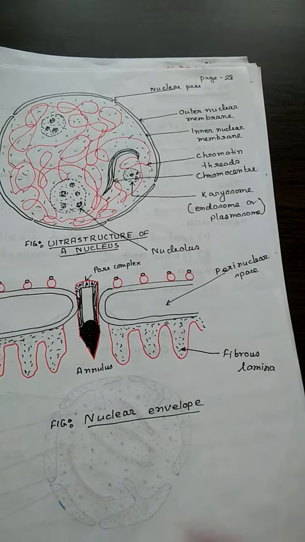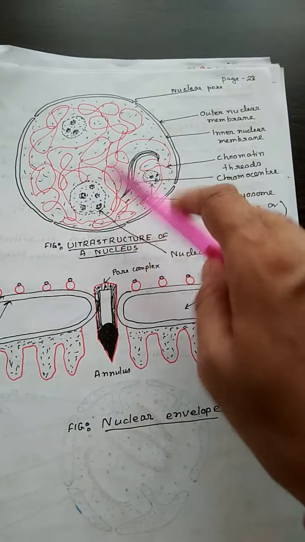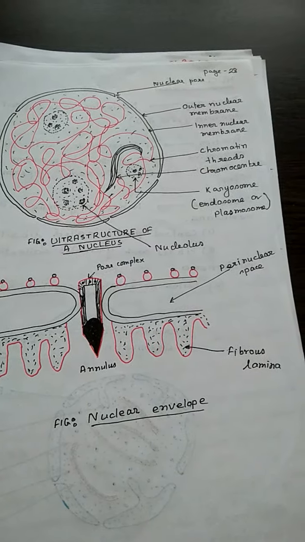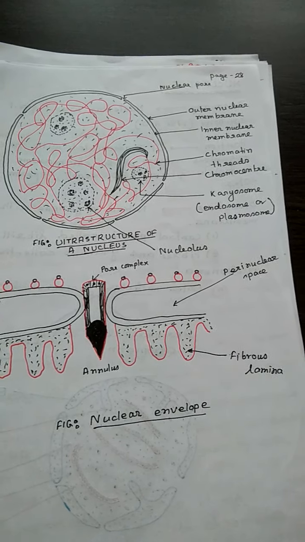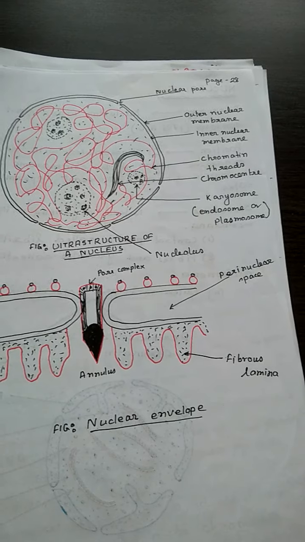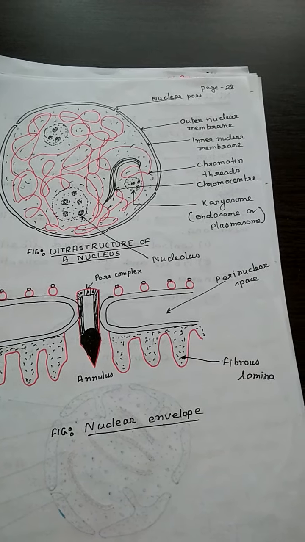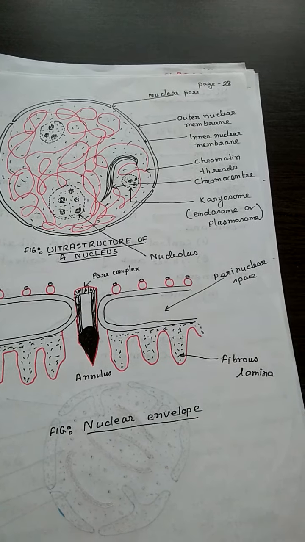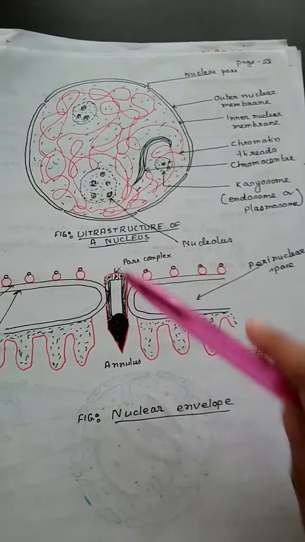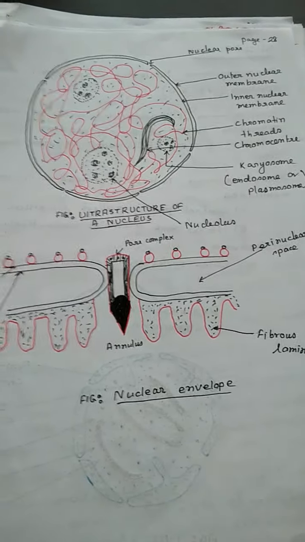And the function of this nucleoplasm is that it acts as a nuclear skeleton and helps in maintaining the shape. It helps in the formation of the spindle, protein synthesis, and synthesis of ATP, NAD, RNA. Okay, so this is the function of nucleoplasm.